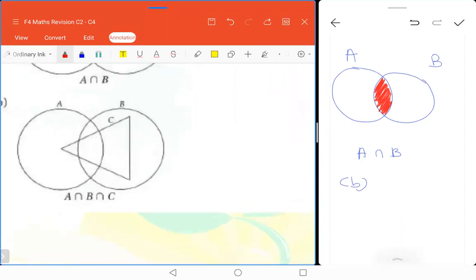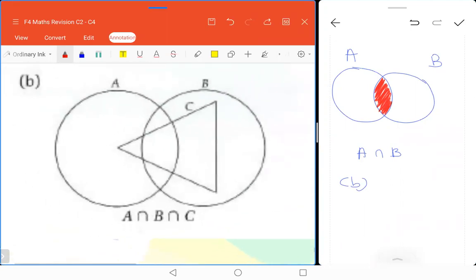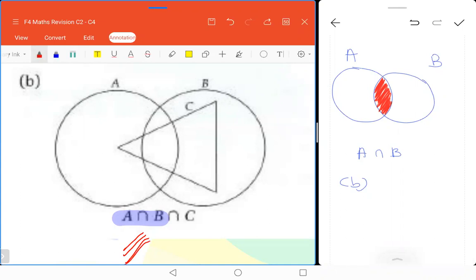So again, you draw two circles with a triangle inside. Then you do A intersect B first. A intersect B with the same line to the left. And then if you have done, intersect C. So all C, you draw the line to the right side.